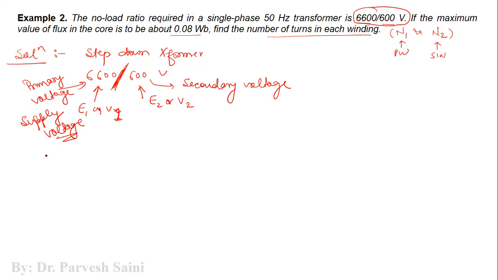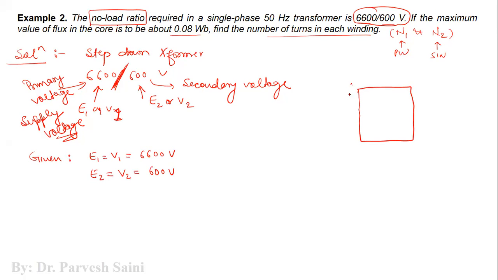Okay, so now the given parameters are: E1, which is equal to V1, is 6600 volt, and similarly E2, which is equal to V2, is 600 volt. Remember one thing, this is the no load ratio. This means that our transformer is not connected to any load.